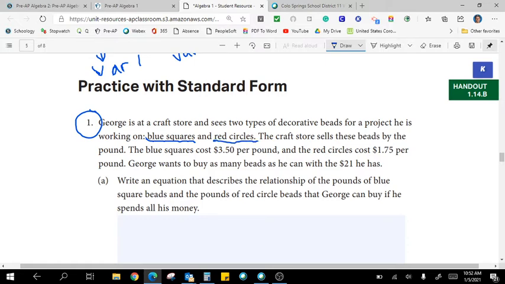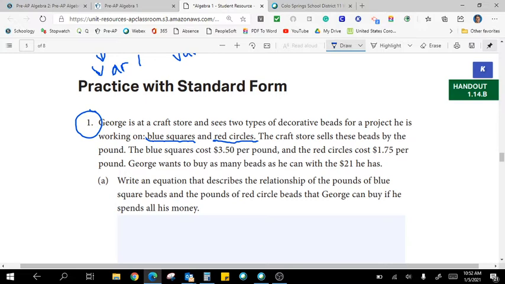So those are going to be our variables, okay? Now if we stop and think about this, it's either going to be the price that we're looking for, or the number of blue square or red circle beads that we have, right? So we've got to figure that out by reading the rest of it.